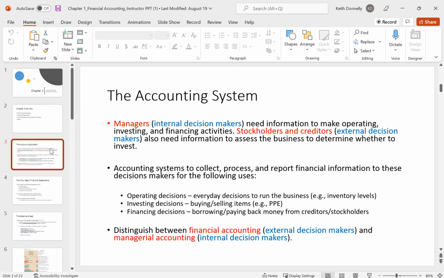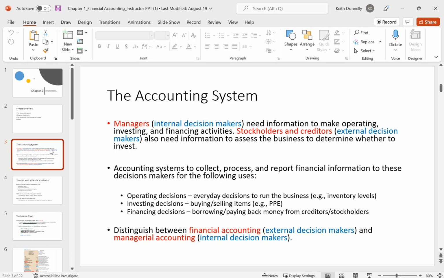That is to say, we're producing financial statements, which we'll talk about, that are meant to be used by individuals external to the business, like the sharks on Shark Tank. Now, not everybody's going to go on Shark Tank. Normally, what we mean here is a company that's looking for stockholders.